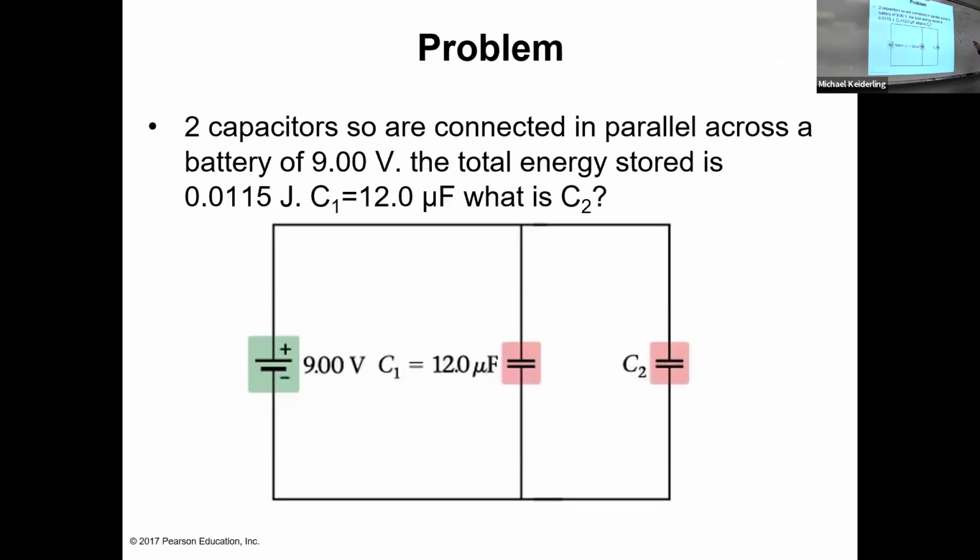So here we have two capacitors connected in parallel across a battery of 9 volts. The total energy stored is 0.0115 joules. Capacitance 1 is 12 microfarads.